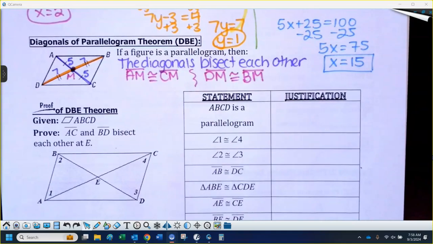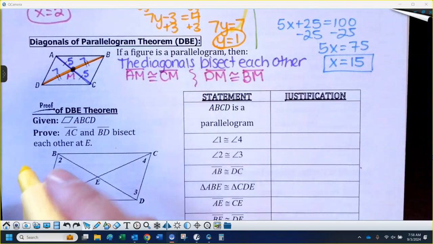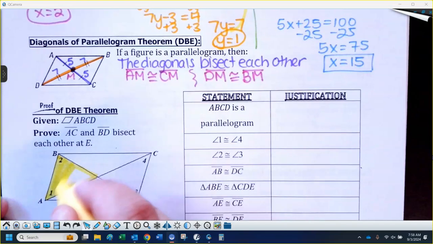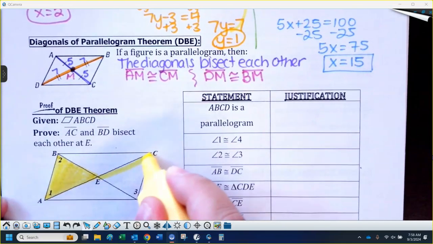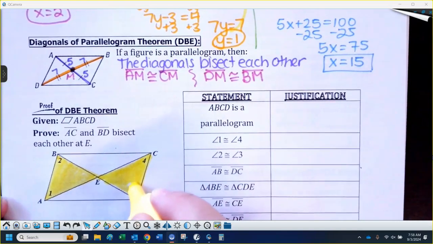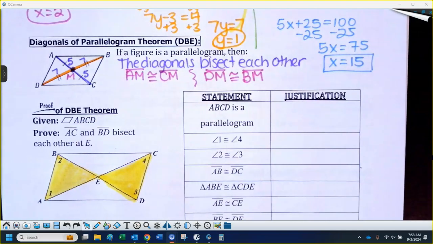But let me prove this theorem to you really quick, and you guys can see my picture. Let me color my picture real quick. We're going to look at these two triangles. You're going to see some numbers in here just so I can label the angles without using all the letters, because I have a bunch of different lines going on here, but I'm going to focus on these two triangles in this proof.